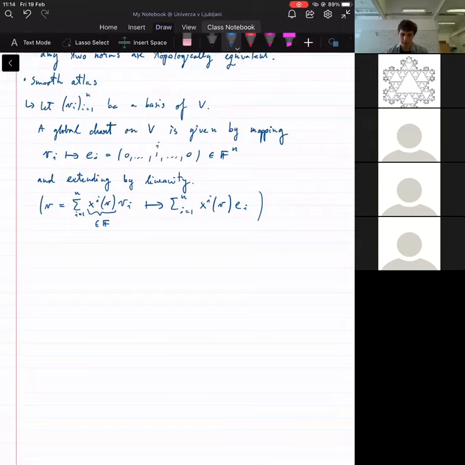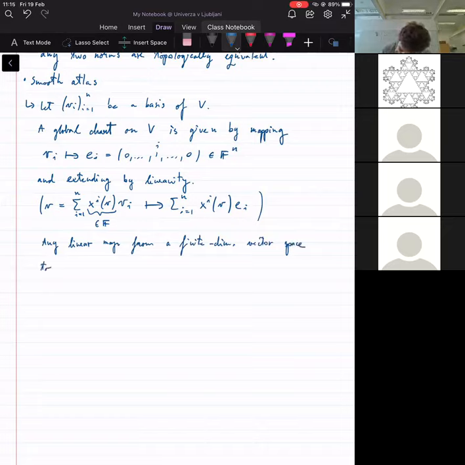Here we need the argument from functional analysis that says that any linear map from a finite dimensional vector space to a normed space is continuous.